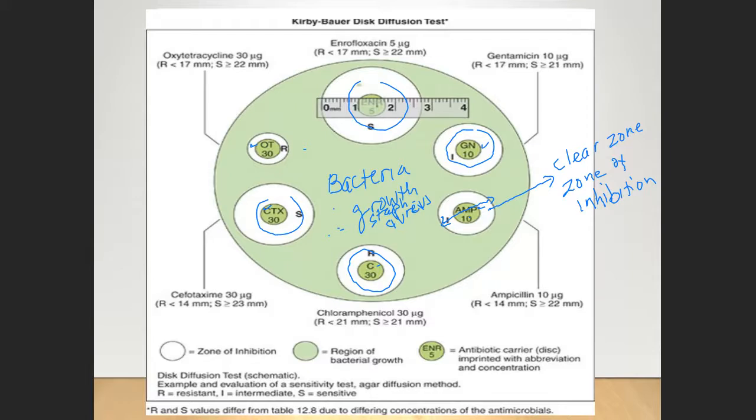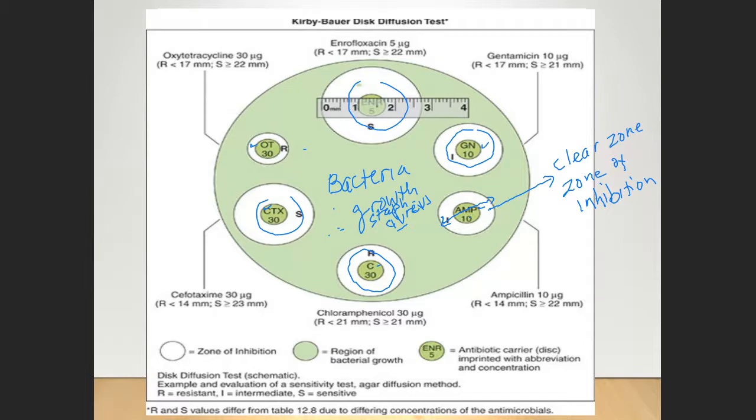Like for example, this enrofloxacin is actually the most effective drug against this, let's say Staphylococcus aureus, because it has a wider zone of inhibition, around 27 millimeters wide. It is really effective compared to this one, for example.